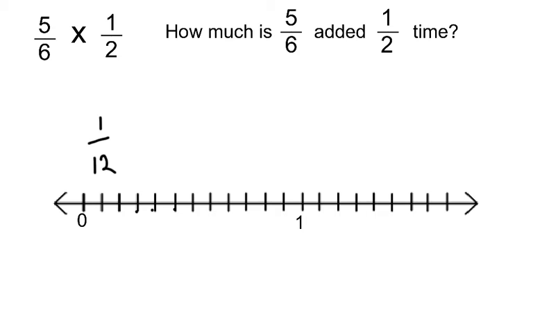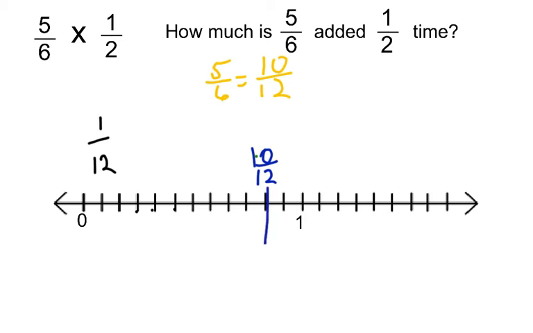So now that I've done that, I can start at 5/6, which is equivalent to 10/12, which is right here. And now I have to add that half a time.